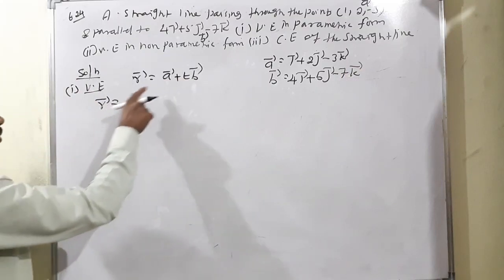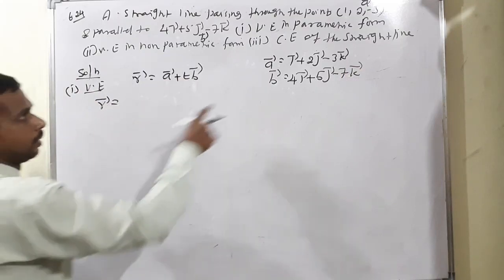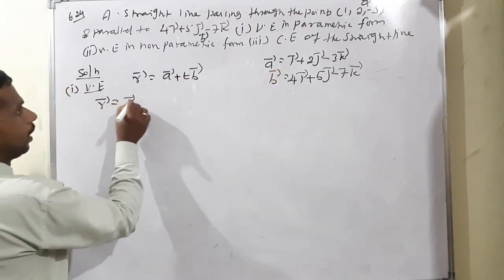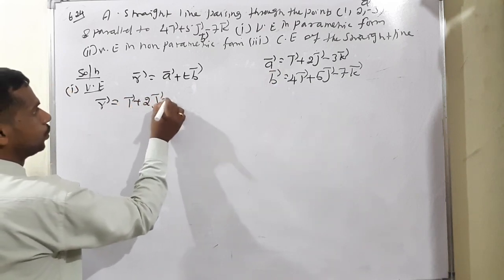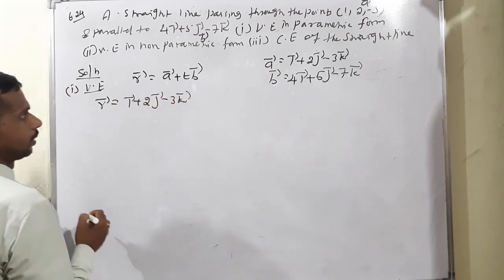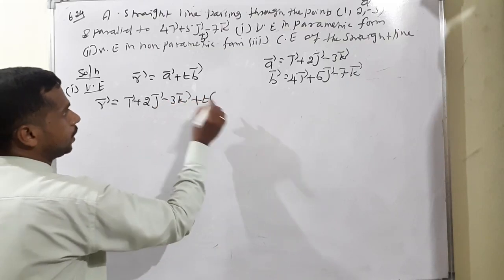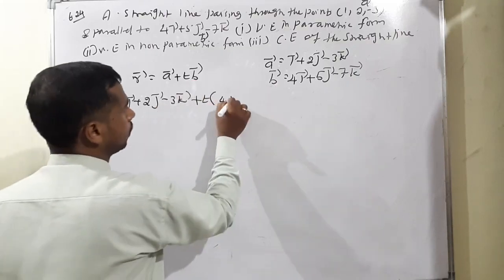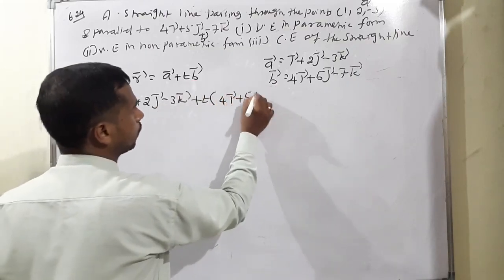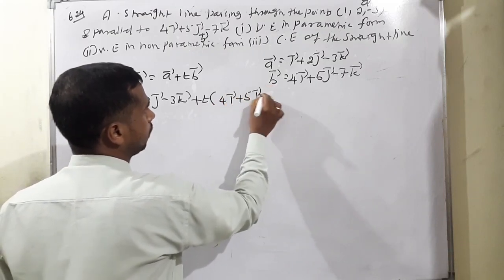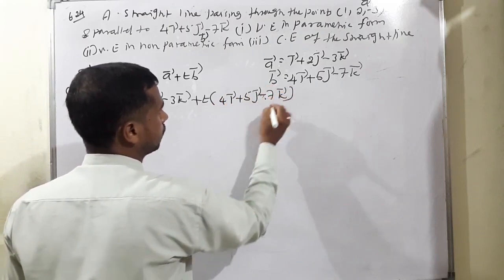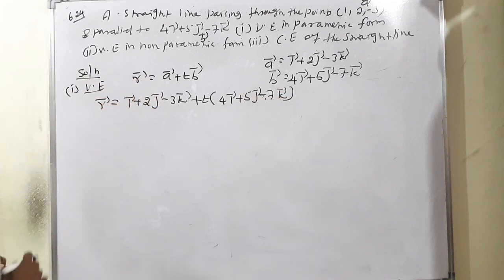So r vector is equal to a vector plus t b vector, that is i vector plus 2j vector minus 3k vector plus t into 4i vector plus 5j vector minus 7k vector. This is called the vector equation in parametric form, isn't it?